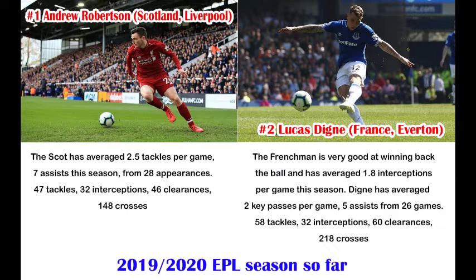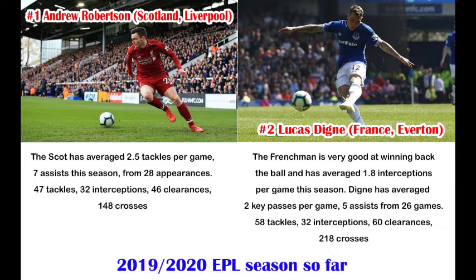Look at what is interesting about Digne playing two less games as a left back. For example, the assists: we have 7 assists for Robertson for the season up to January, while Digne had 5.